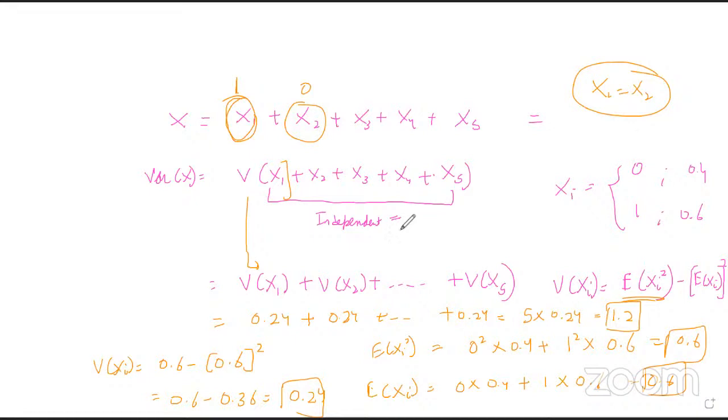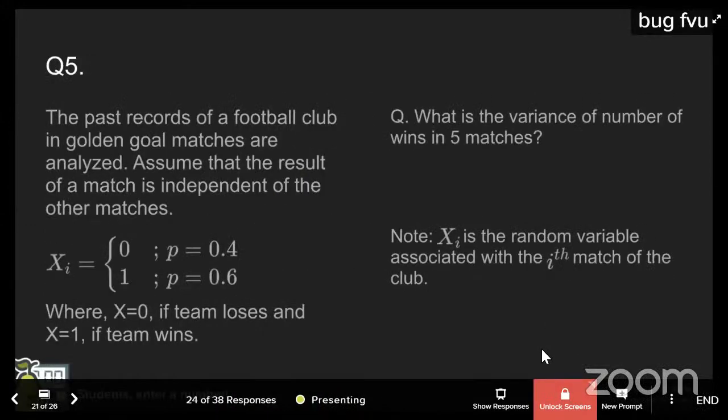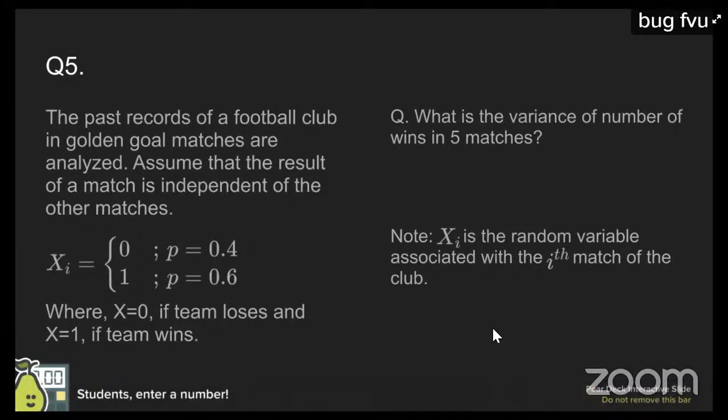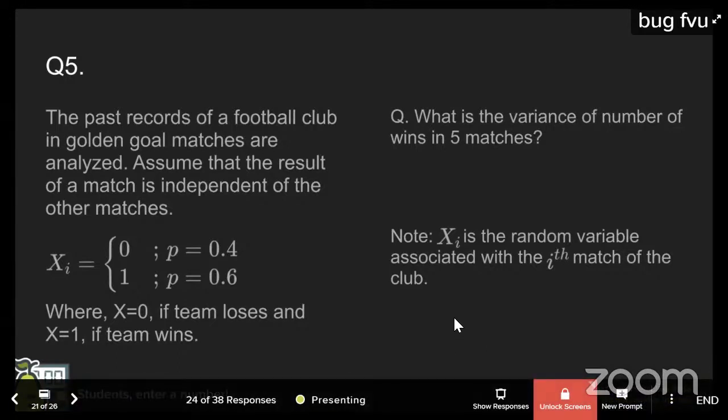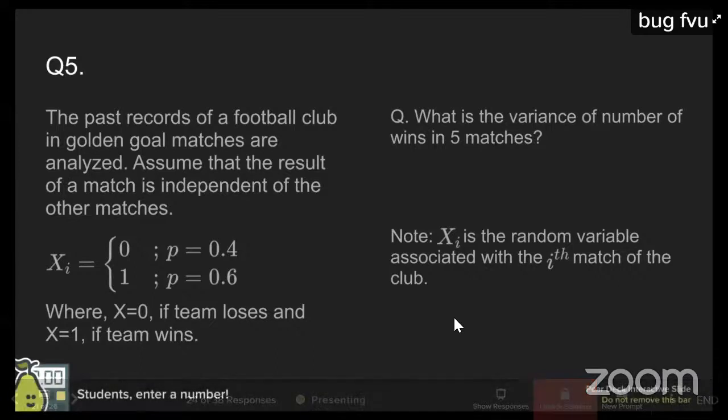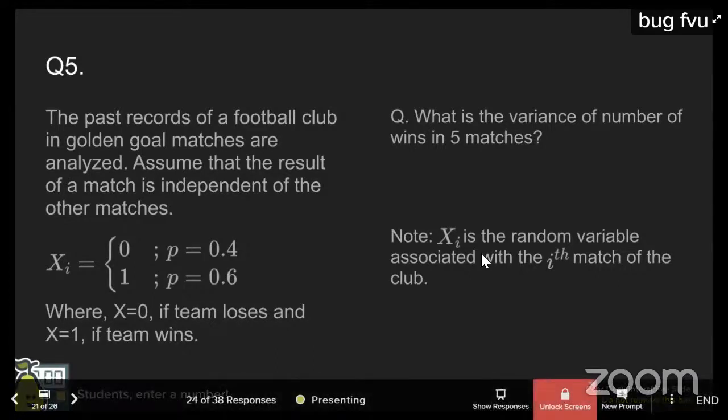Sir, can you show me the question once? Any doubt in this, anyone, or is it clear? X is the sum of 5 matches, is it? X1 plus X2, where X1 is the result of the first match, the random variable associated with the ith match.